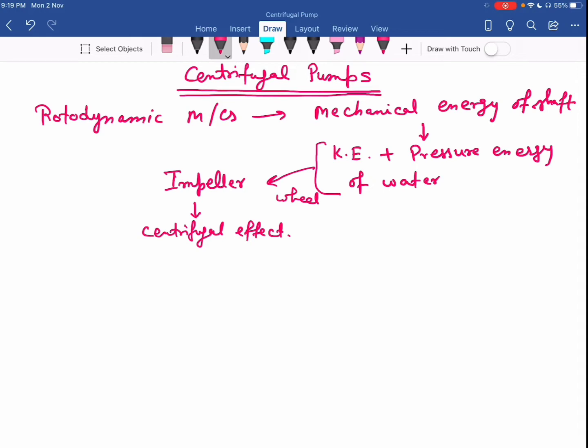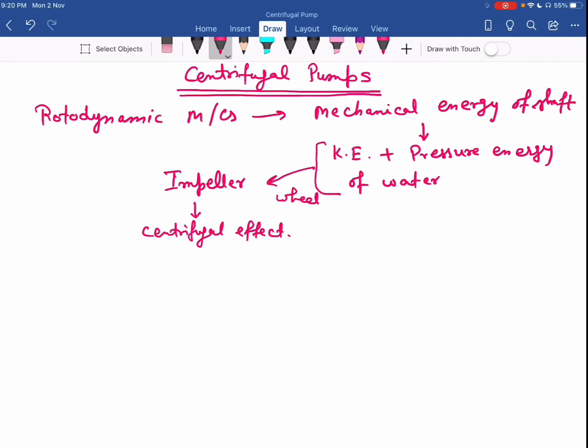Now, the principle of working of centrifugal pump is same as that of our reaction turbine, okay, but it works in reverse direction. So that means in case of turbine, the pressure energy of water is converted into the mechanical energy of the shaft. However, in case of centrifugal pumps, we convert the mechanical energy of the shaft into the kinetic plus pressure energy. So the major part over there for the energy is the pressure energy.